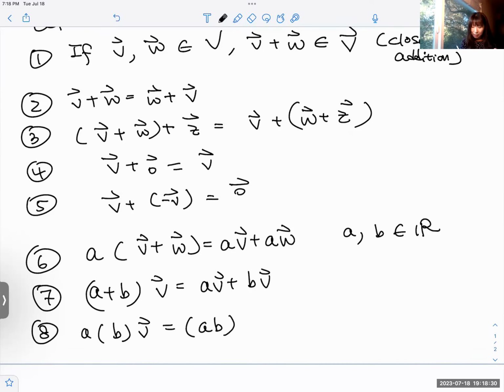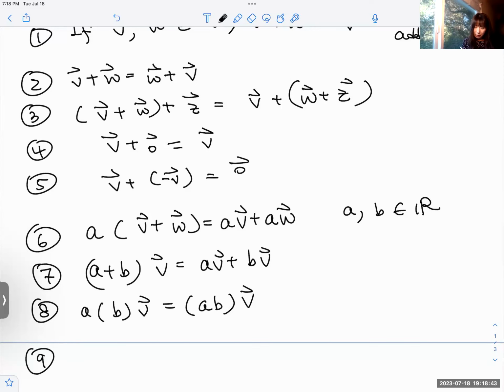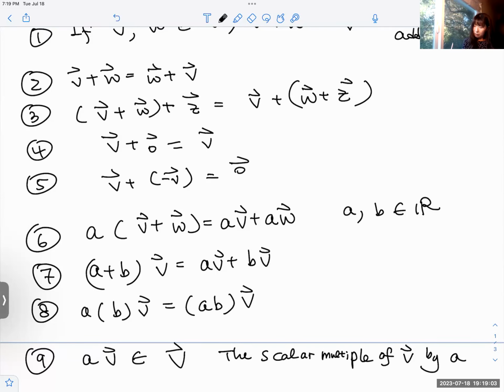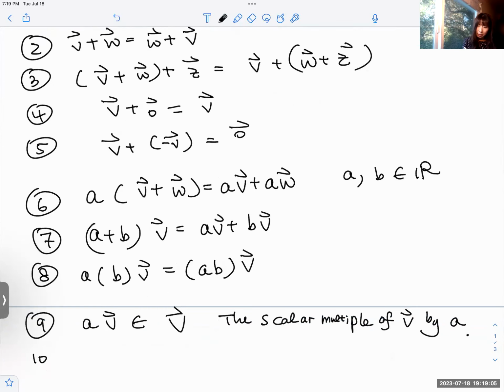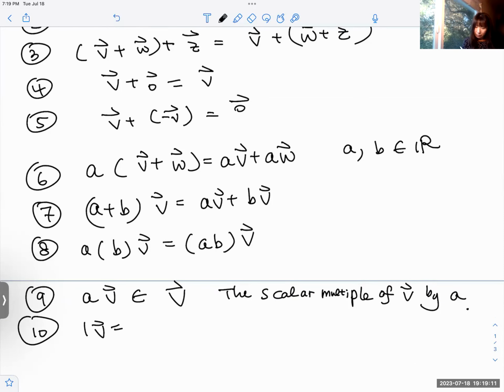Okay, number 9: AV is also in V. Let me write down the scalar multiple of V by A. Number 10: we have 1 times V, which is V. That's the multiplication identity.